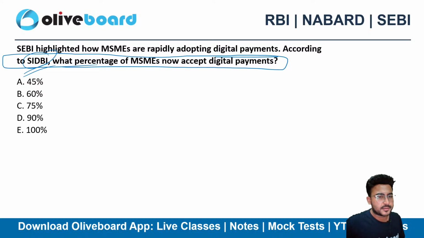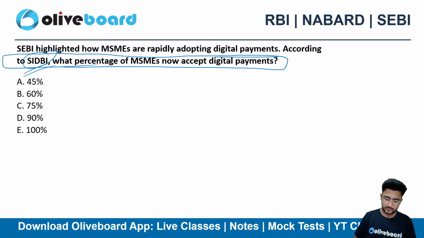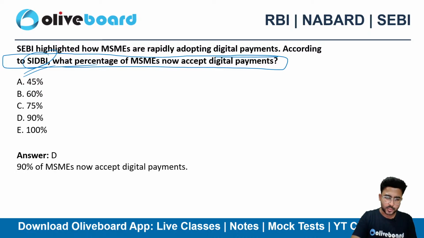We have also seen that there is a lot more penetration required in the digital lending, right? If I'm not wrong. Yes, Mukund, 90% is the correct choice here, right? And I think for digital lending, it was somewhere around 18%.